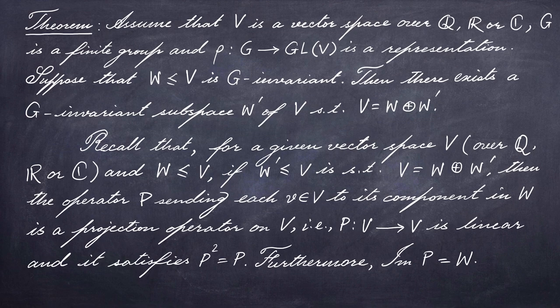So if W prime is a complementary subspace of W, then immediately we obtain a projection operator on V whose image is W.